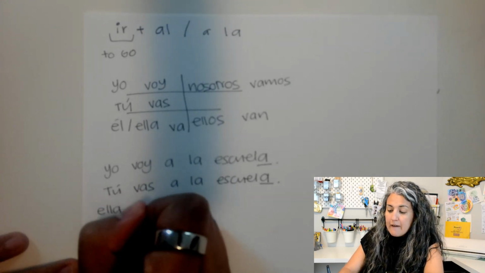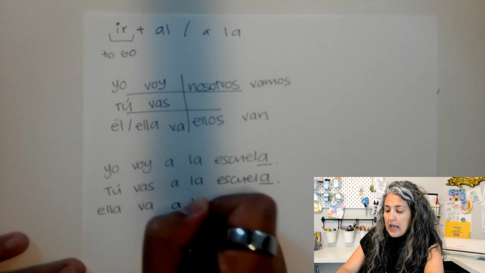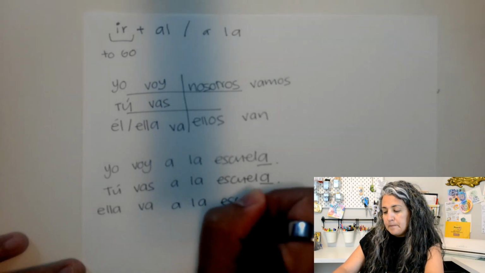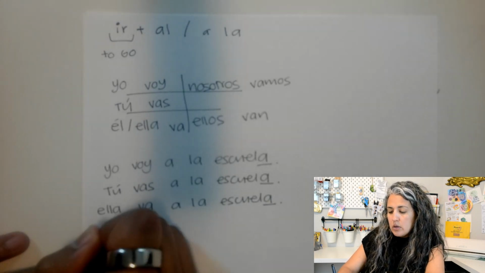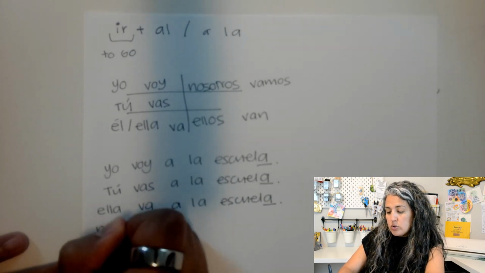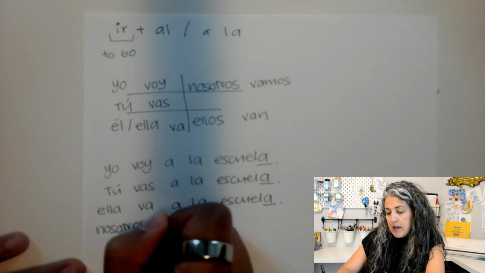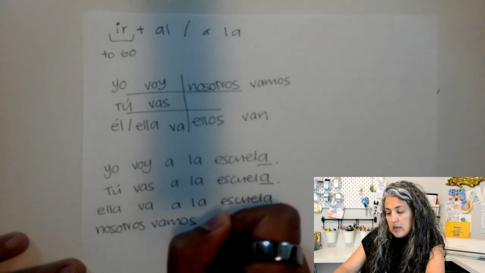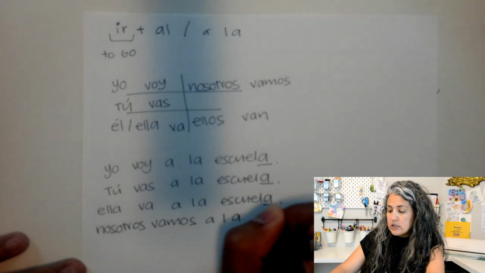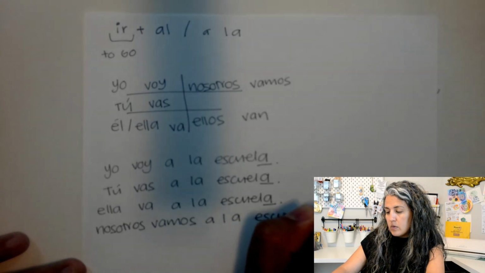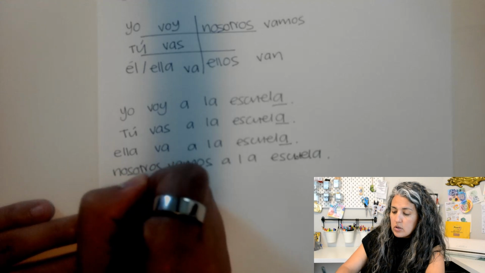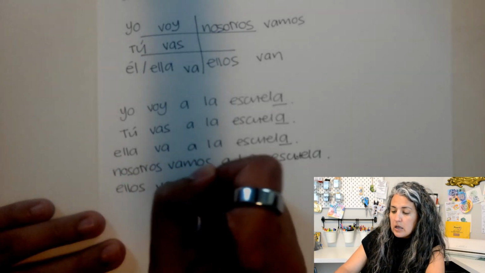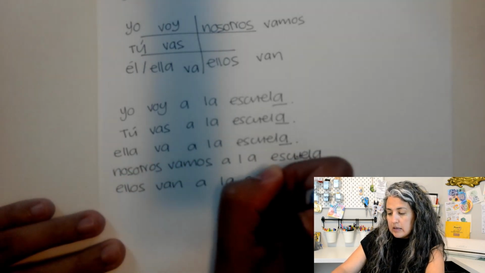Ella va a la escuela. We go. Nosotros vamos a la escuela. Y ellos van a la escuela.